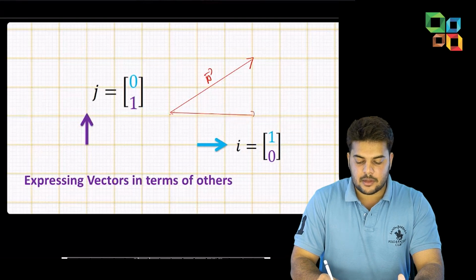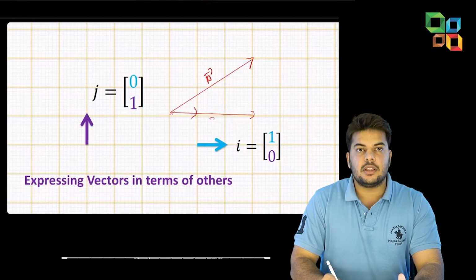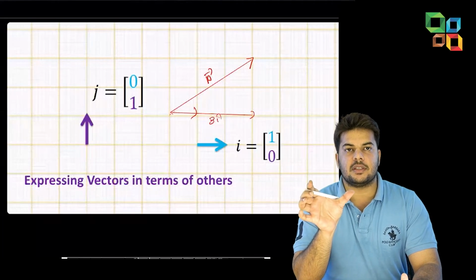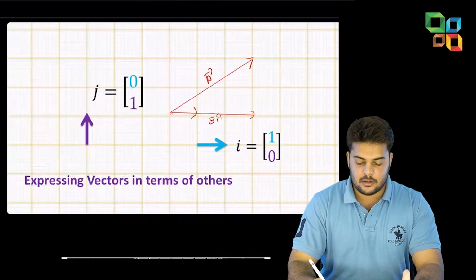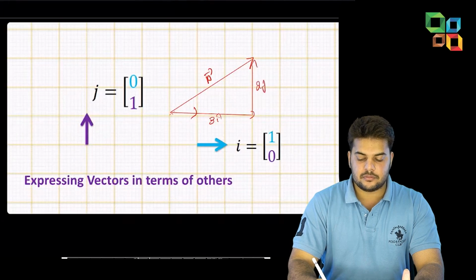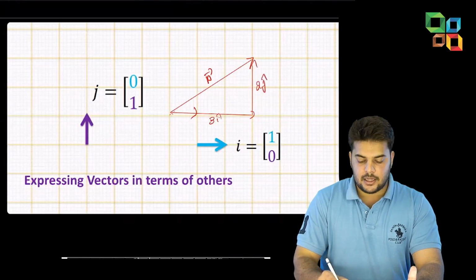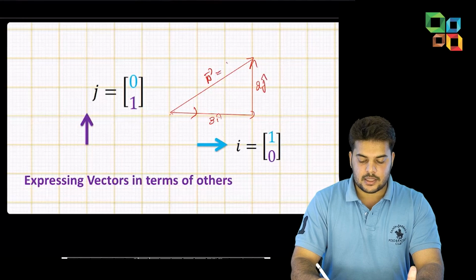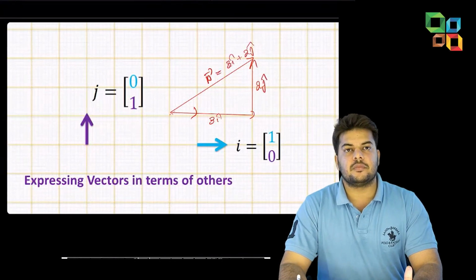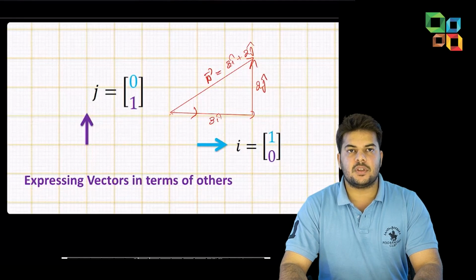I vector is this vector. 3 times I would be the same vector but has 3 times the magnitude, isn't it? 3 times I vector plus 2 times J vector. Look at that. So basically we are writing this A vector as 3 times I vector plus 2 times J vector. J cap, we say J cap. Do you agree? This was easy to do, isn't it?